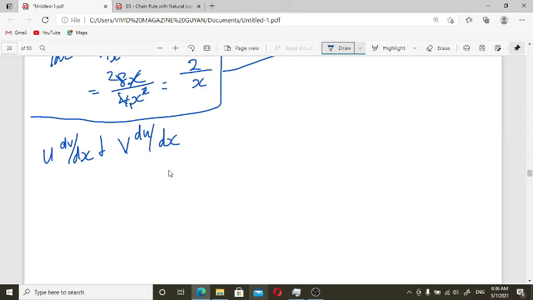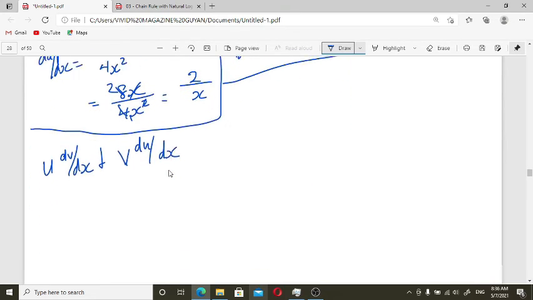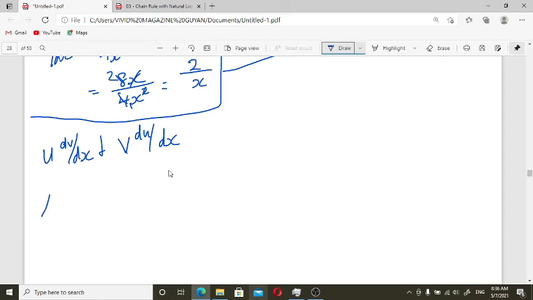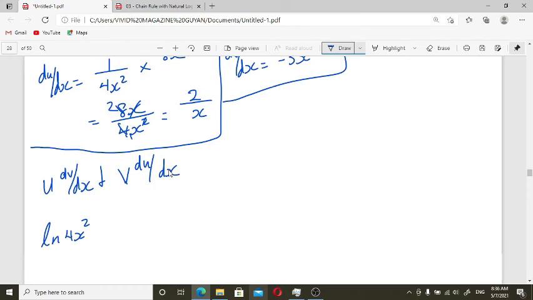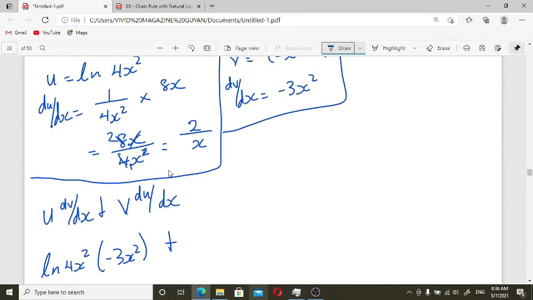So u is ln 4x squared, dv dx is minus 3x squared, plus, I think I'll just do the advanced method for this one, minus x cubed minus 4. I'll show you a little bit of how mathematicians dunk on these type of questions at certain points.